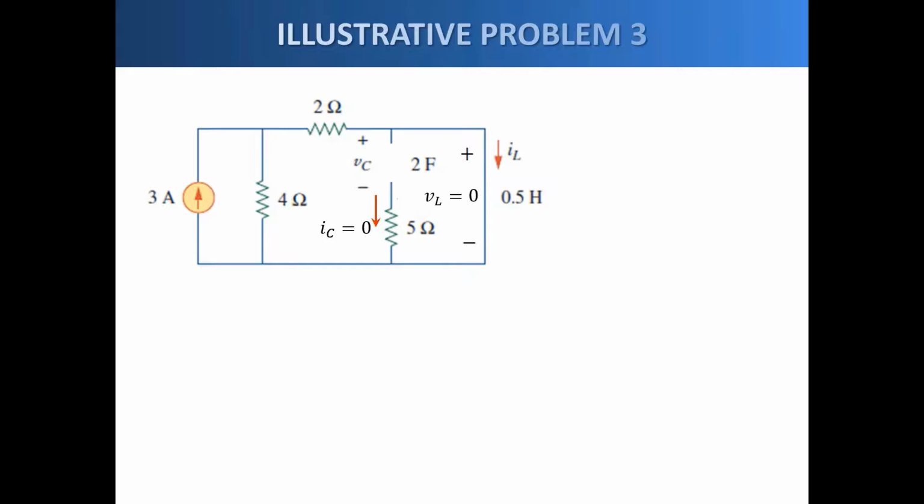So we draw the circuit where the capacitor is an open circuit and the inductor a short circuit. We also show the current through the capacitor as 0, and the voltage across the inductor also is 0.